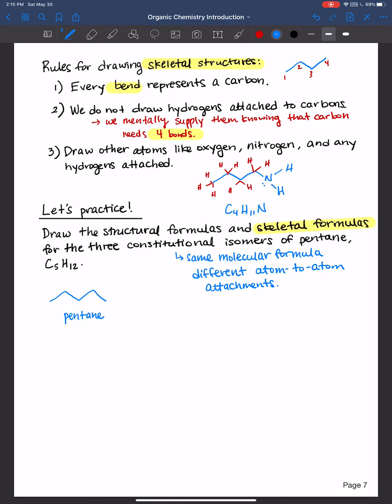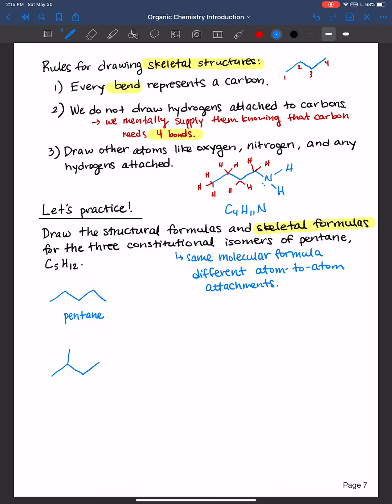And so a trick I always teach students, when you're asked to draw constitutional isomers of these alkanes, is that once you've drawn the straight chain, there's no other way to draw 5 carbons long. We have to now draw 4 carbons long, but with a branch, so that it adds up to 5. So that's why I think the skeletal structures are a little easier to read. It's easier to visualize if they look different from a previous structure you've already drawn. So I'm drawing the 4 carbon series, and in order to get 5 carbons, I need to branch one off.